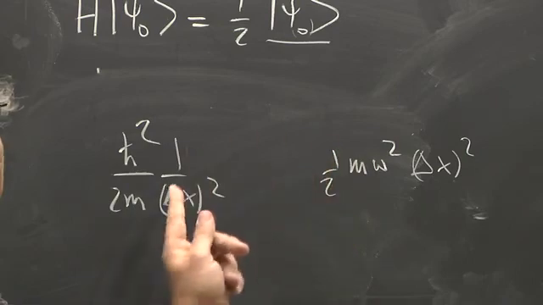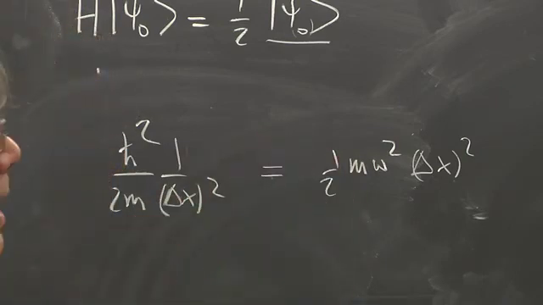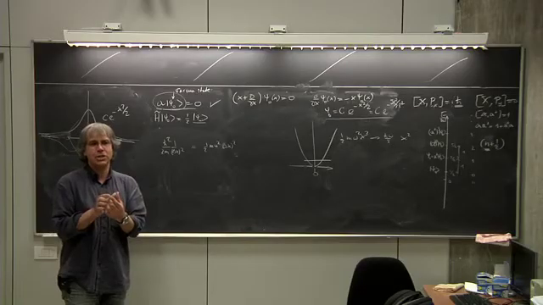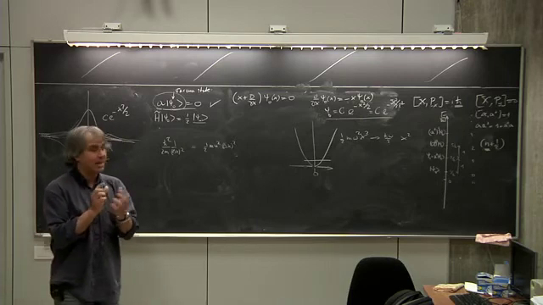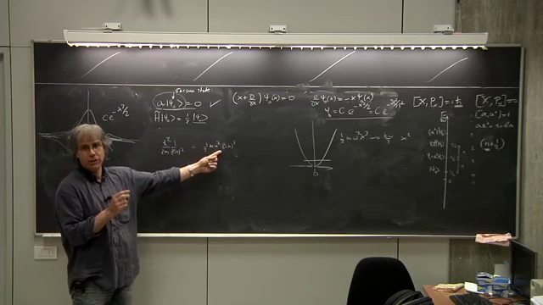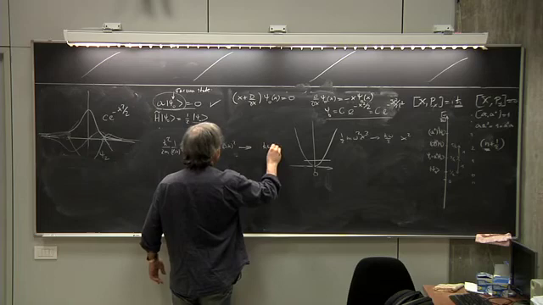Paying the same price, so really doing this. What is delta X? L. So L is the width of the best compromise between paying kinetic energy and paying potential energy, and the result is obviously, as you know, h bar omega over 2.